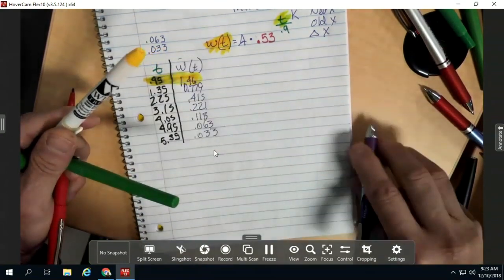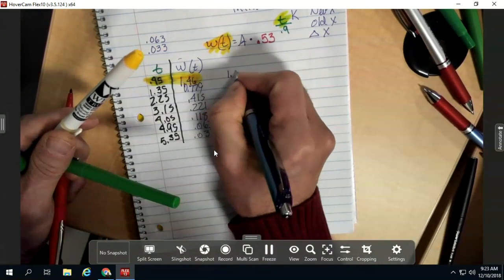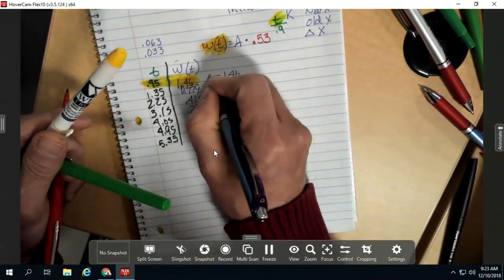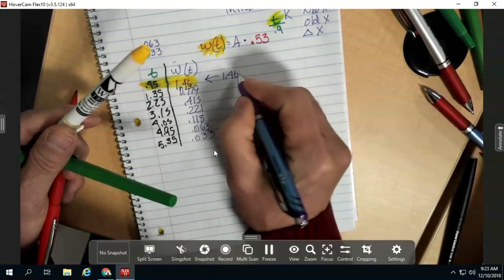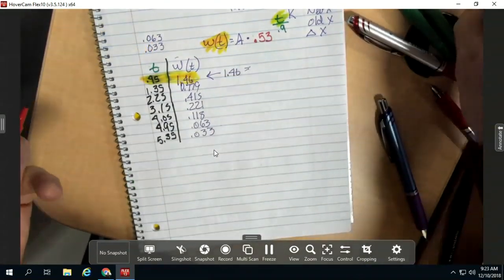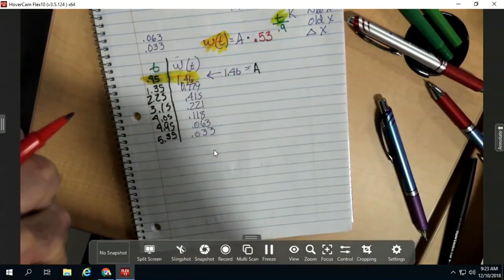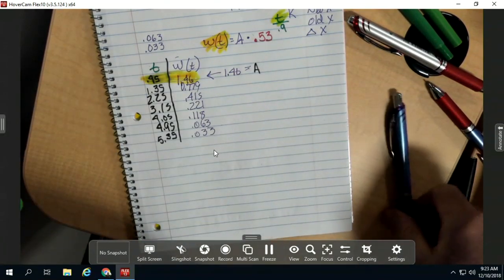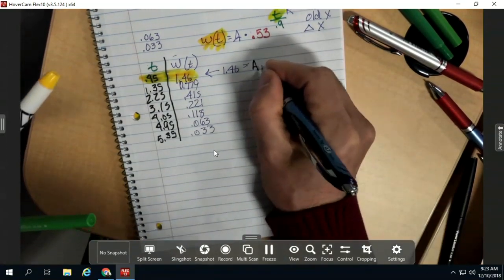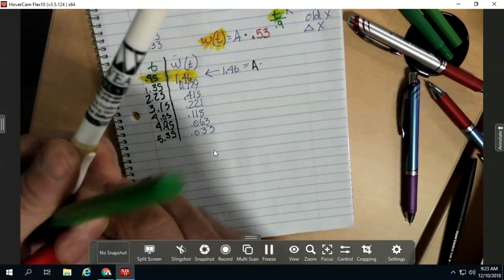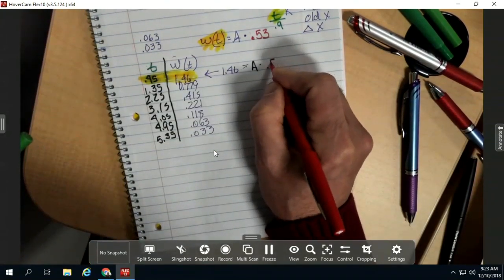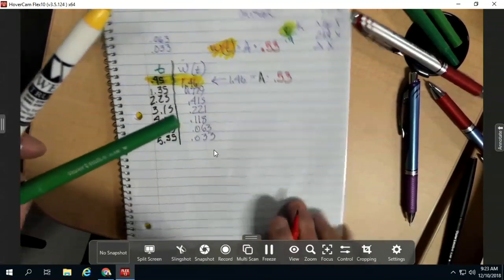So I've got 1.46. That comes from here. Equals the thing I'm looking for, A, times 0.53. We know where that came from.